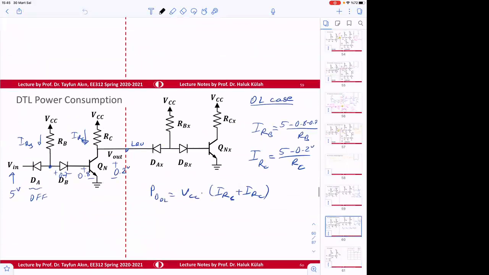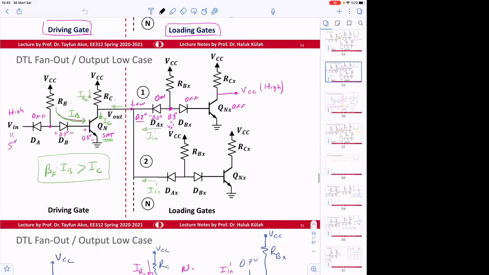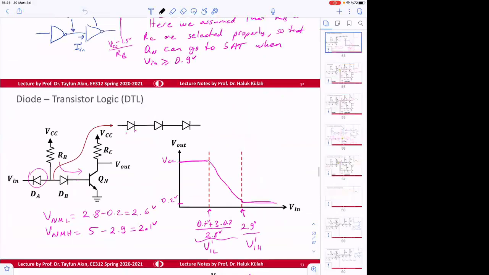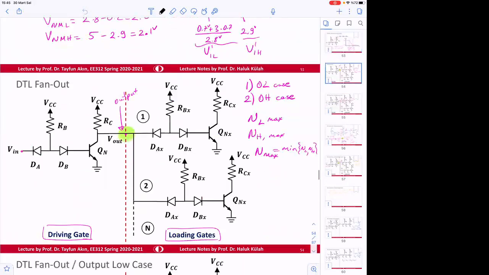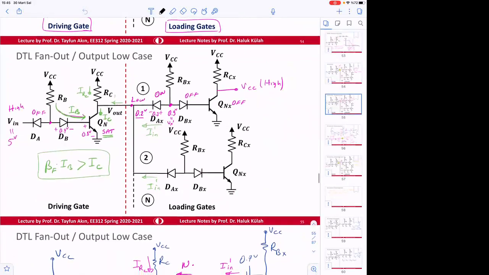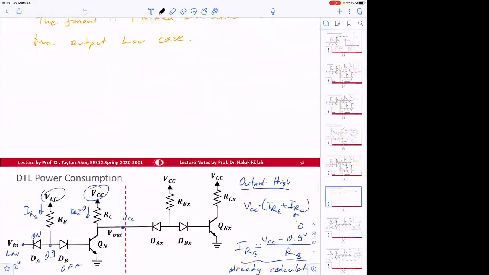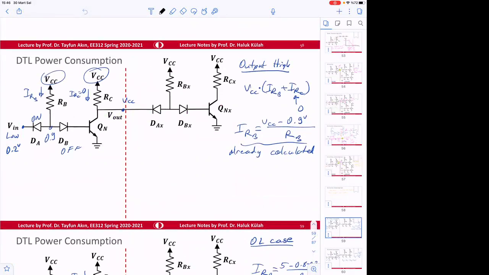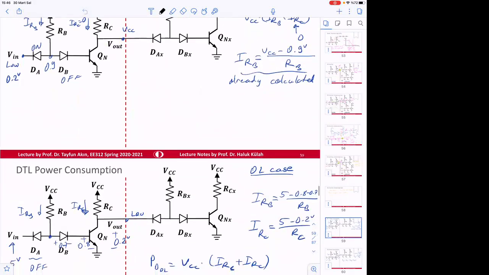First, we obtained the transfer function, and then we looked at how to find the fan out for the output low case and output high case, and then we determined the power consumption here in the last couple of minutes.